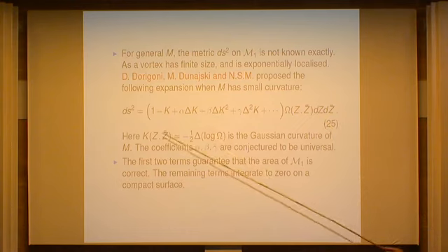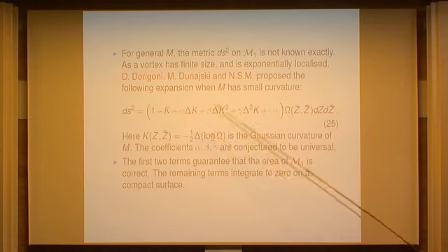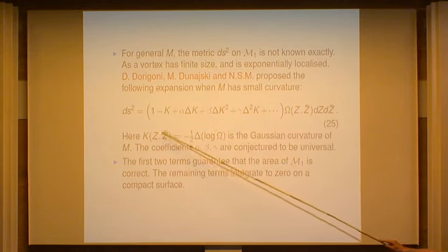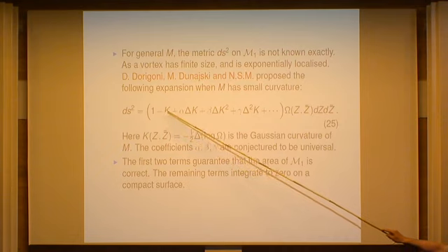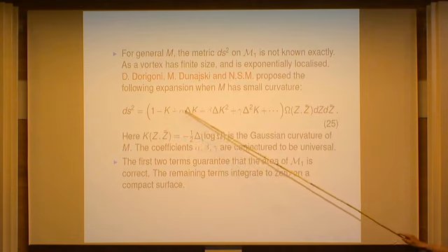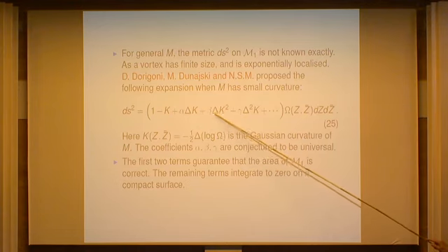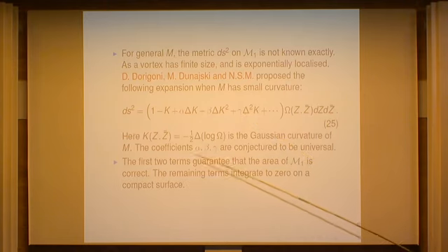The leading term is just 1 times that, and then there's a curvature correction. K is the Gauss curvature of the surface at the vortex location. Then this is the Laplacian of the Gauss curvature, this is the Laplacian of the Gauss curvature squared and so on. And this is a formal expansion in 1 over L.